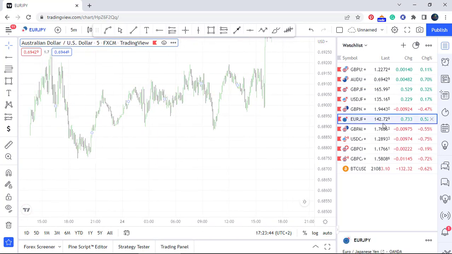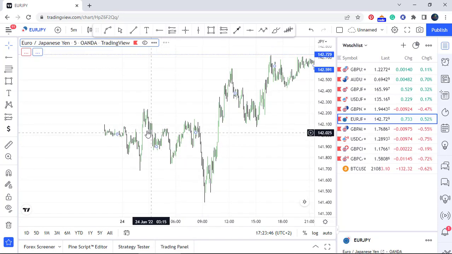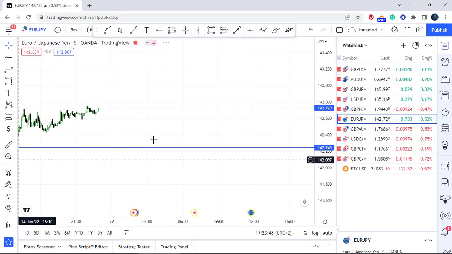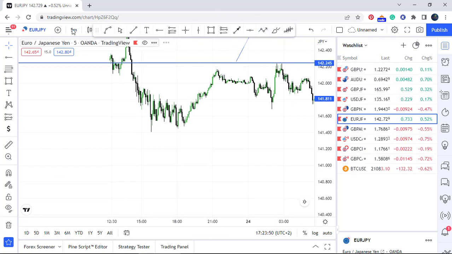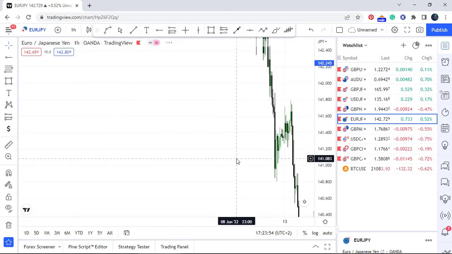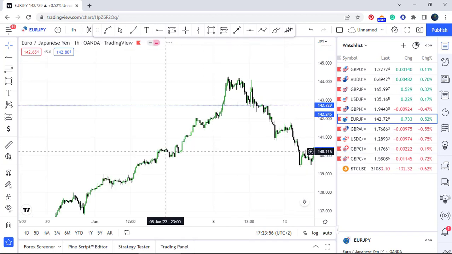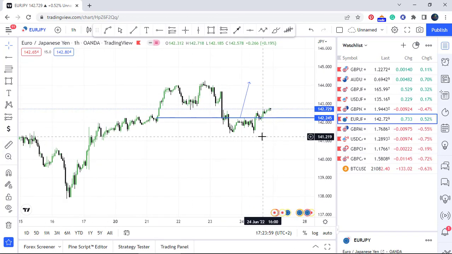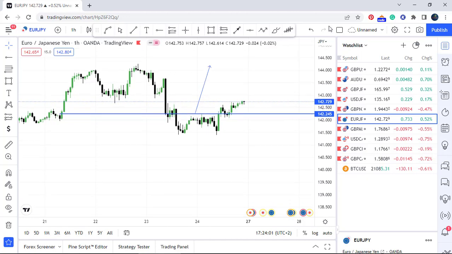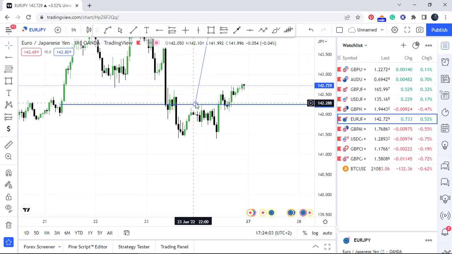Let's go to EJ. We did trade this in our VIP group. Let me just show you how we caught that trade that made us some pips. So we were on the H1, looking for an order block to trade away from. As you can see, this blue line that you see here was our order block, and this was the test that tapped us into the trade.